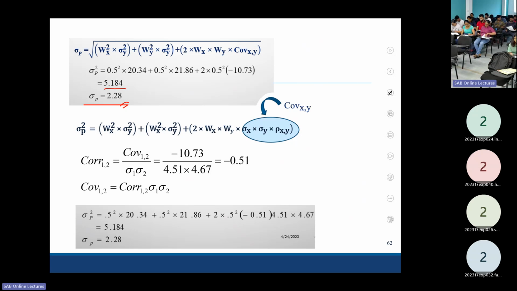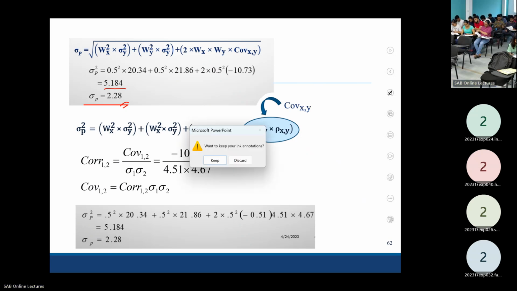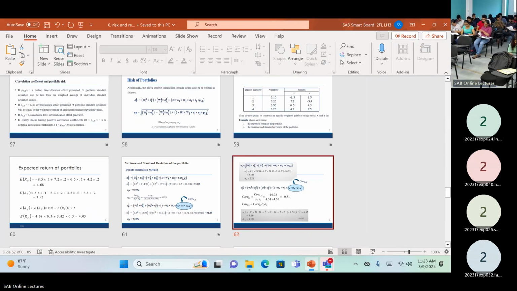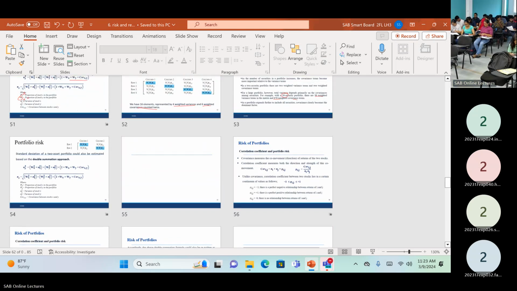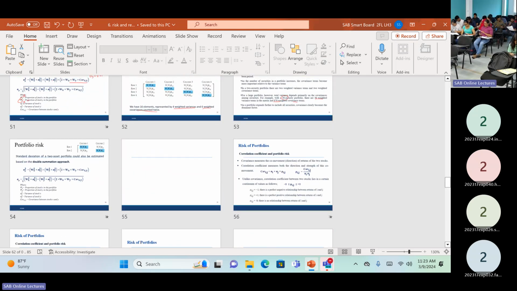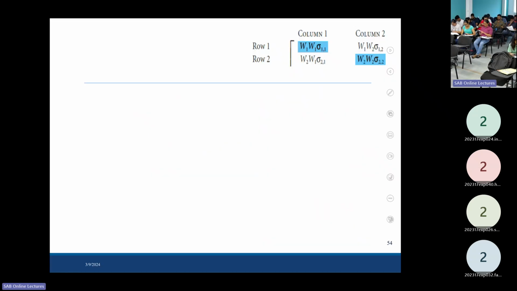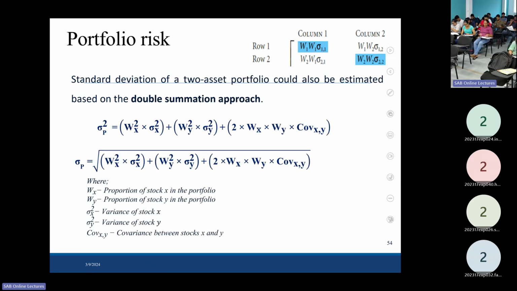Okay, any questions on this? Calculation of the standard deviation using covariance. Right, so here we calculated the risk of the portfolio using covariance.